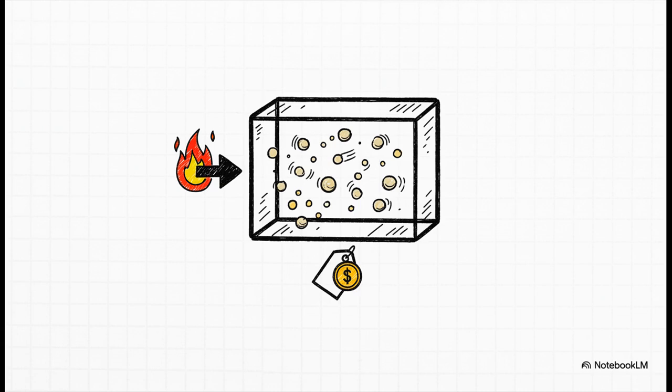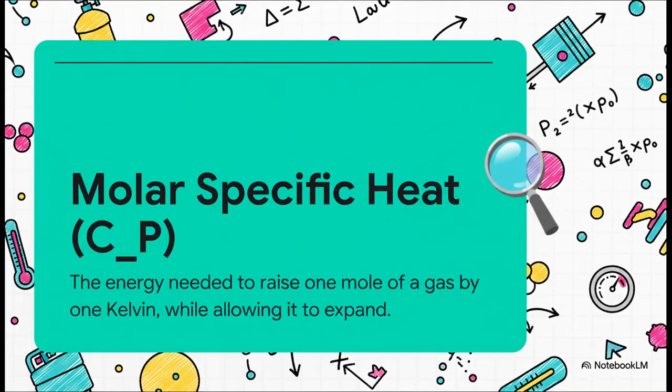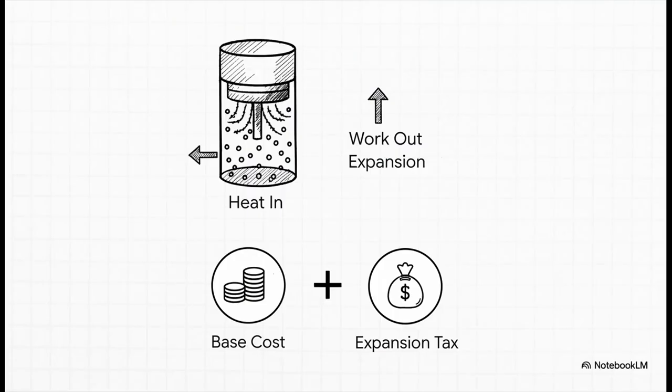temperature really is. Now let's look at C sub P, the molar specific heat at constant pressure. This time, picture the gas in a cylinder with a piston that can move up and down. As you add heat, not only does the gas get hotter, it also expands and pushes that piston up. So, back to our fuel analogy, CP is like the price of the fuel plus a tax.